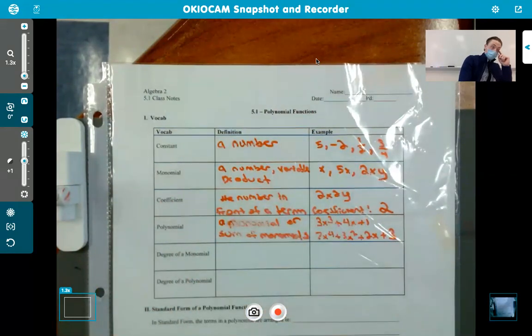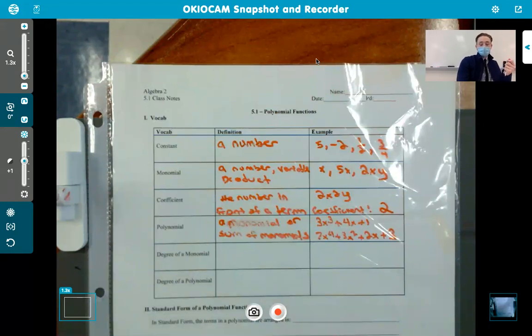That would be a polynomial as well. It's the sum of those terms. Question? For polynomial? Yeah. A monomial or the sum of monomials? I know it's kind of tight there written, but okay.